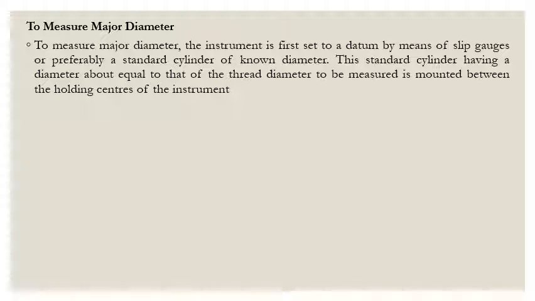Generally, we use a standard cylinder to set the datum, and that standard cylinder should have a known diameter with highly accurate reading. If there is any error with respect to its nominal size, that should be known earlier.